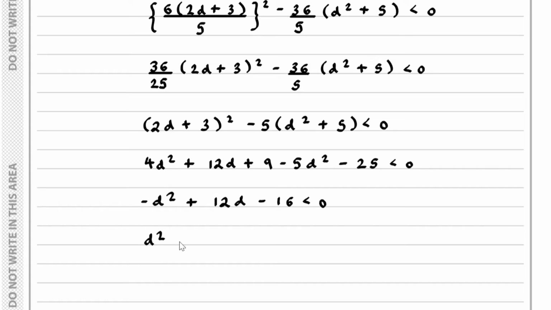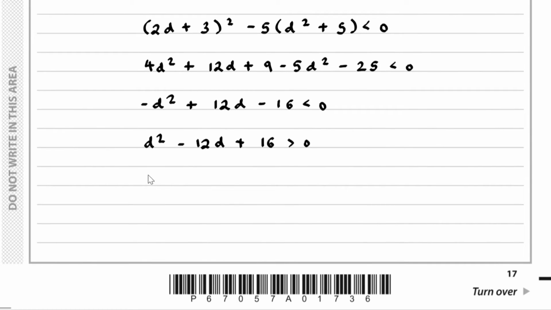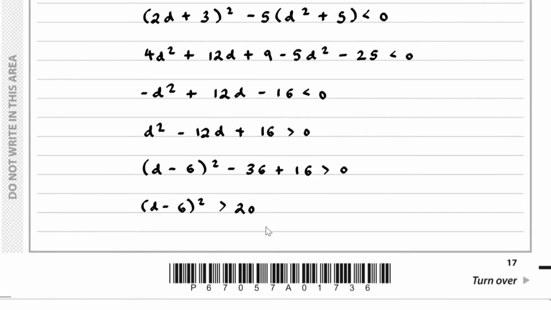So d squared minus 12d plus 16 is greater than 0. And if we attempt to complete the square, we've got d minus 6 all squared minus 36 plus 16 is greater than 0. D minus 6 all squared is greater than 20.